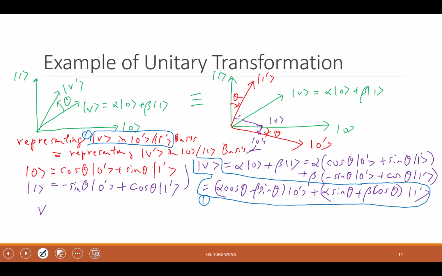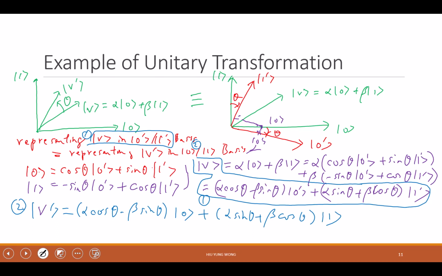If I call this 2, then V dash in the old coordinate is alpha cosine theta minus beta sine theta in the 0, plus alpha sine theta plus beta cosine theta in the 1. I showed you that the original V in the 0 dash, 1 dash system is the same as the new V dash in the old 0, 1 system.